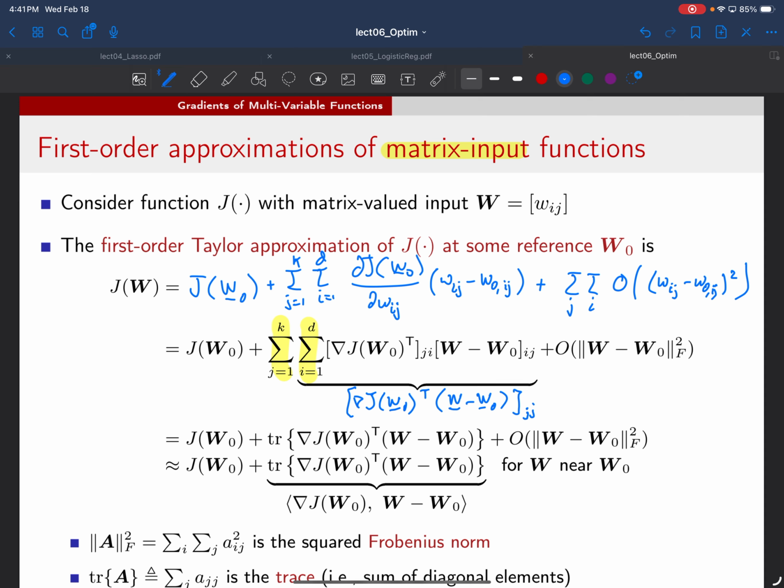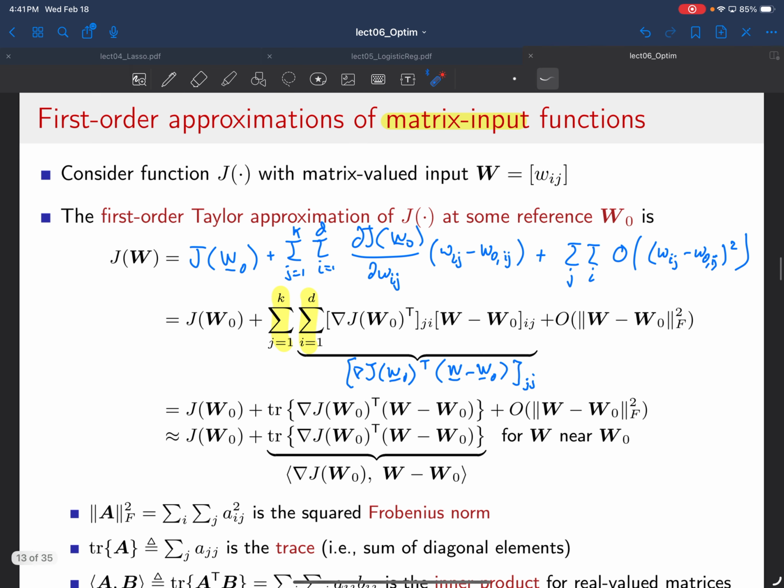And now you can see that we are summing the diagonals of this matrix. If you remember, that is exactly what the trace does. The trace is just the sum of the diagonal elements of a matrix. So really, this sum over j is just the trace of that matrix multiplication.